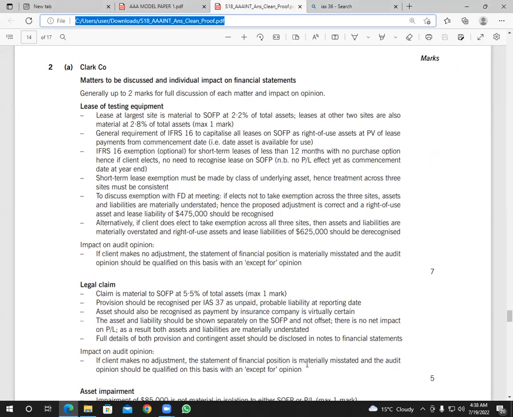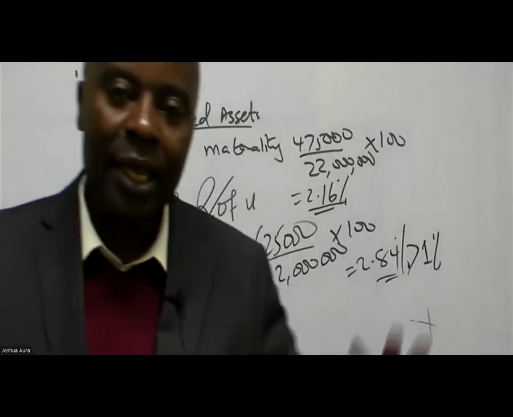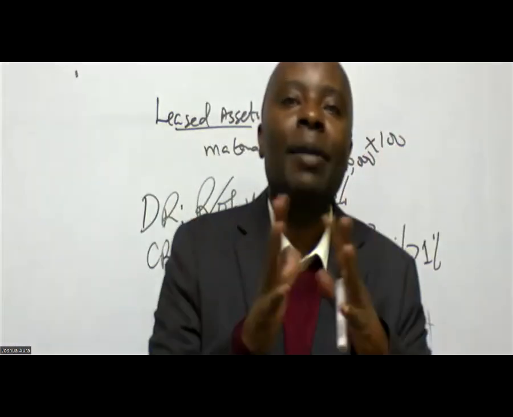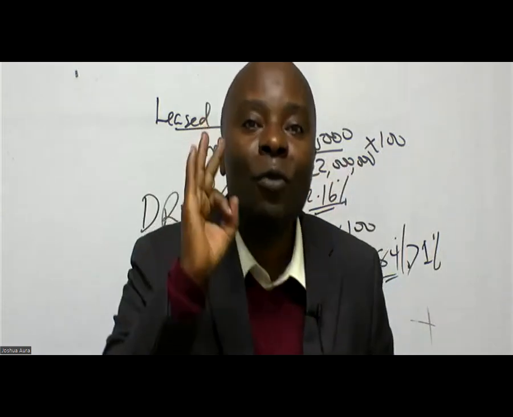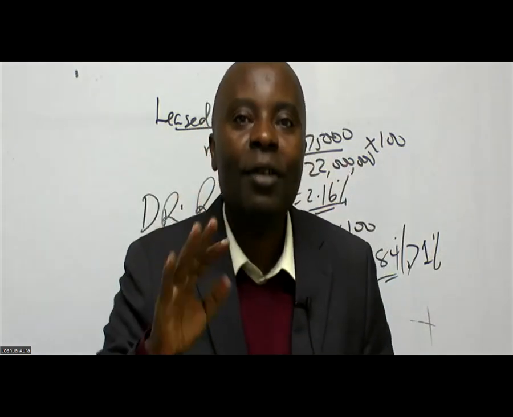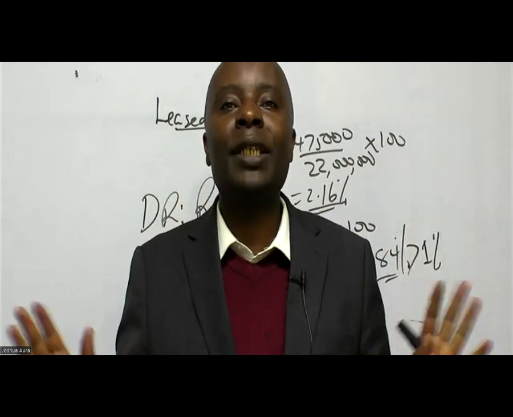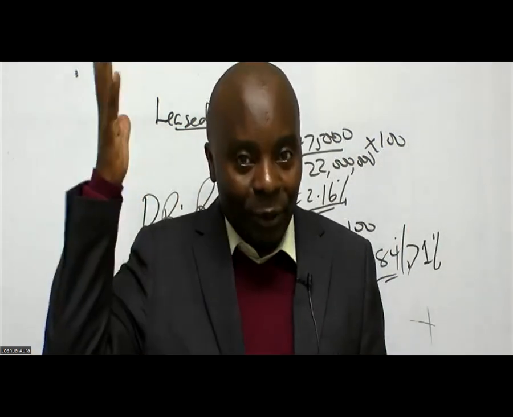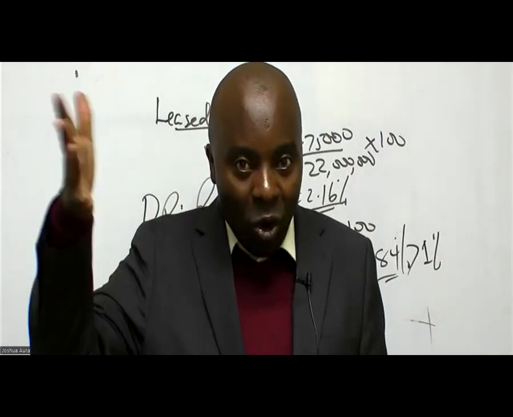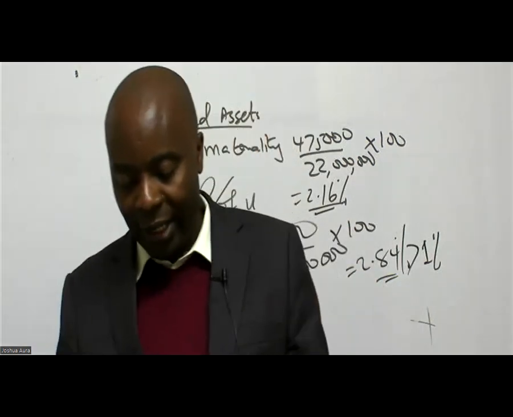So in this case, should they make a decision that these are now short-term contracts, then they have to exclude those short-term contracts from the three sites, right? From the statement of financial position. That means that currently the 625 then will be taken in as an error because they're capitalized. So now we need to recognize that.